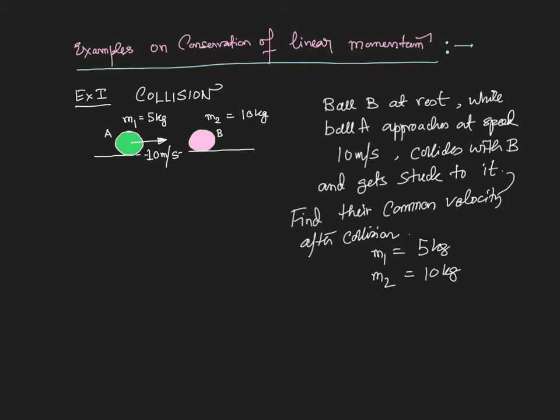So here what will happen after the collision? This is the situation shown before collision, and this is a drawing after collision. After collision they will have the same speed, because it is given they will stick together, so both will move with the same velocity v each.